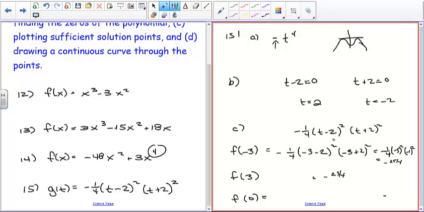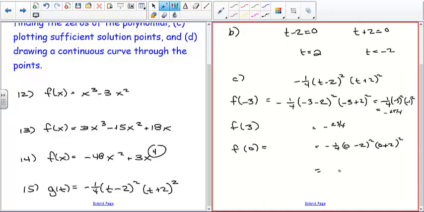And the next one is going to be the same thing, -25/4. What happens is we'll have 3 plus 2, which is 5, and 5 squared is 25. We'll have 3 minus 2, which is 1. So these kind of switch, and the squares are the same thing. So that'll end up being that. And if you plug 0 in, you'll have -1/4 times (0 minus 2) squared times (0 plus 2) squared.